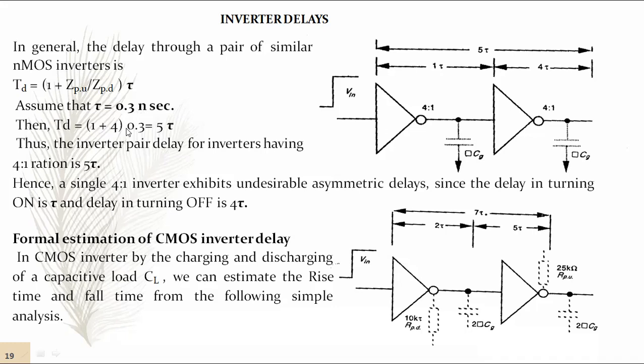Here we took tau for a 5 micrometer technology, the time constant is 0.3, so 0.3 into 5, which is equal to 1.5 nanoseconds, is the total delay offered by the inverter.